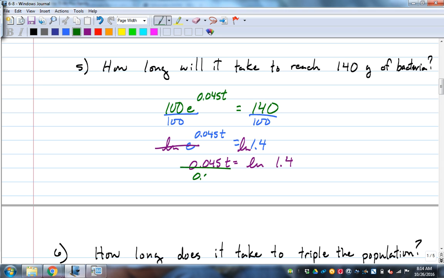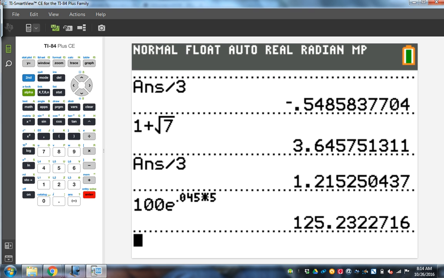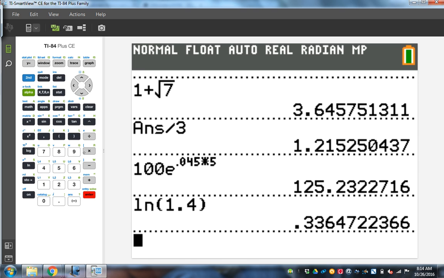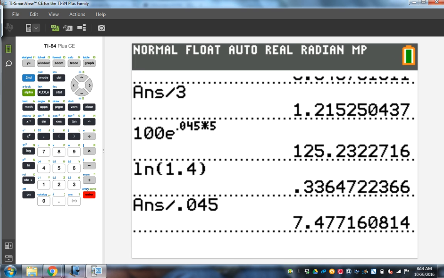Divide by 0.045. t is approximately, and we're going to go 2 decimal places here, the natural log of 1.4 divided by 0.045, our growth rate. 7 point, round up, that'll be 0.48.